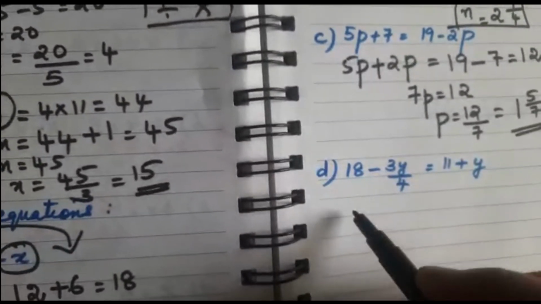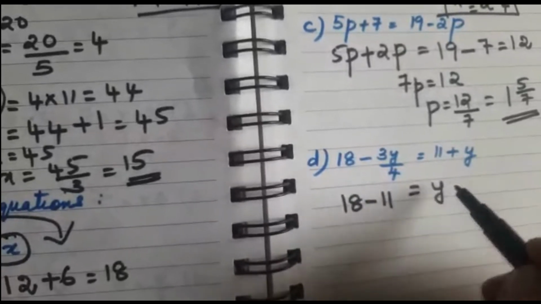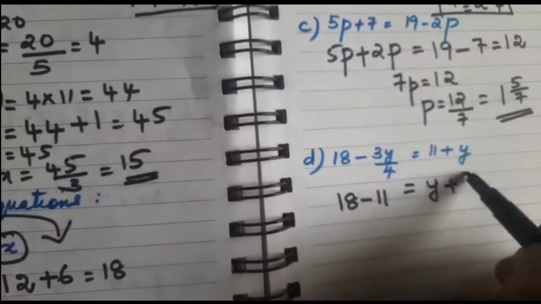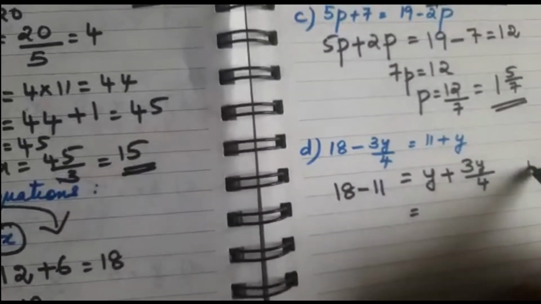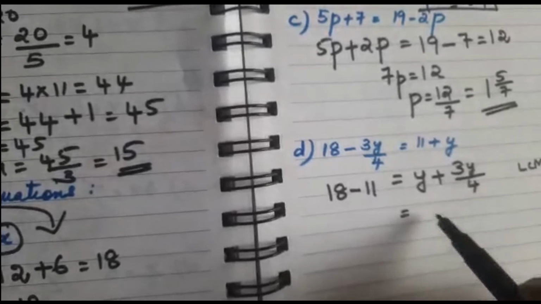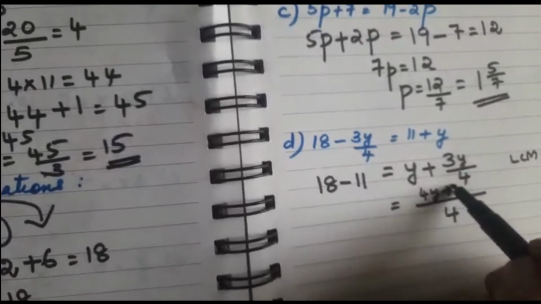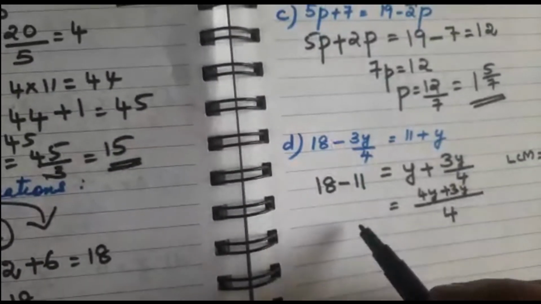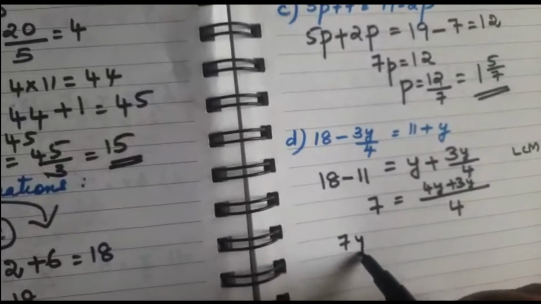Now 18 minus 3y upon 4 equal to 11 plus y. So here numbers on one side, 18 minus 11, plus 11 will come here, and y minus 3y, this one will become plus 3y by 4. Now you can take the LCM here. LCM is 4. So as you take the LCM, it becomes 4y plus 3y. So 18 minus 11 is 7. So 4y plus this one, 7y upon 4.